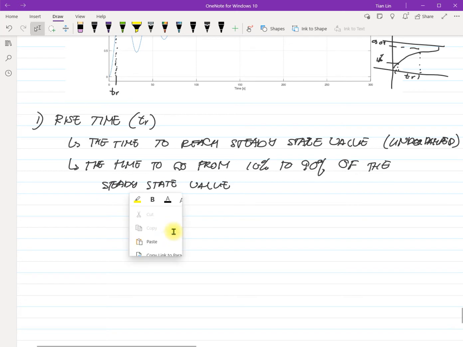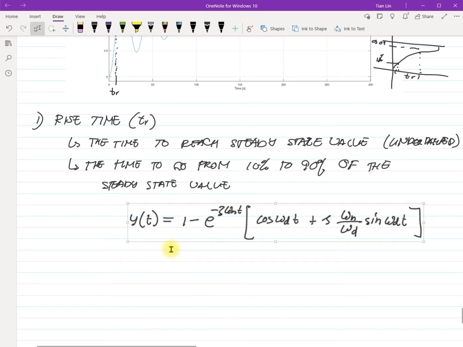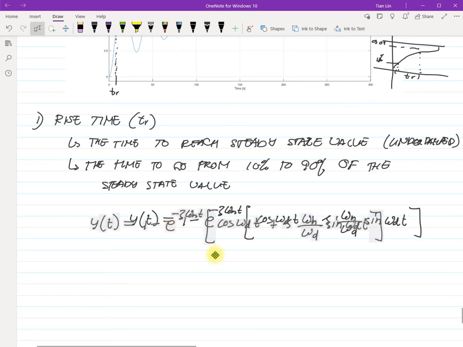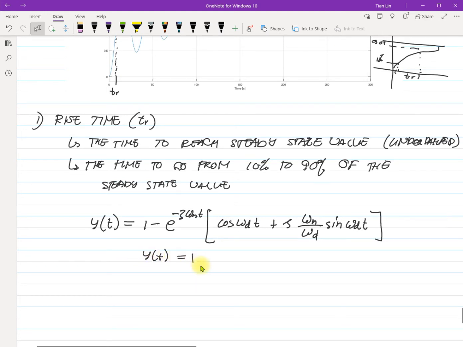And paste it here. So to solve for the rise time, based from this equation, we just equate y of t to be equal to 1, because that's the definition of rise time. So we equate 1 to this expression, then we will solve for the time. The time that we will be solving here will be tr. So let's do that.